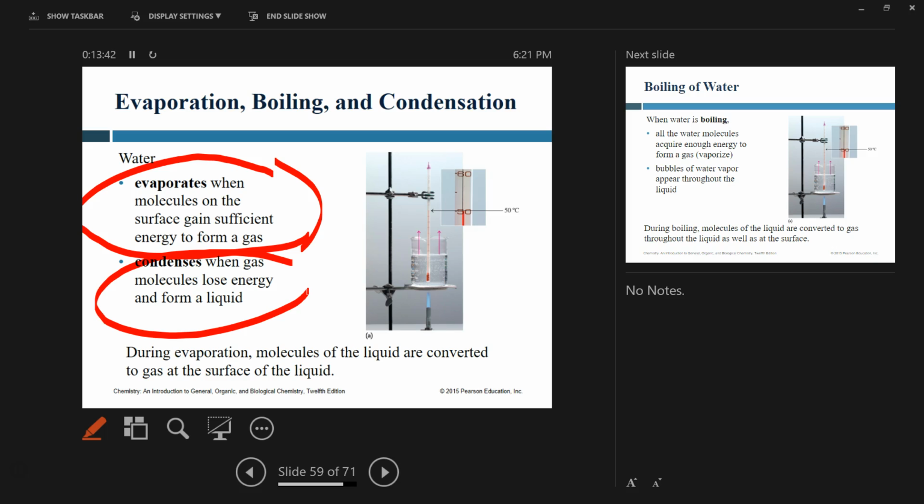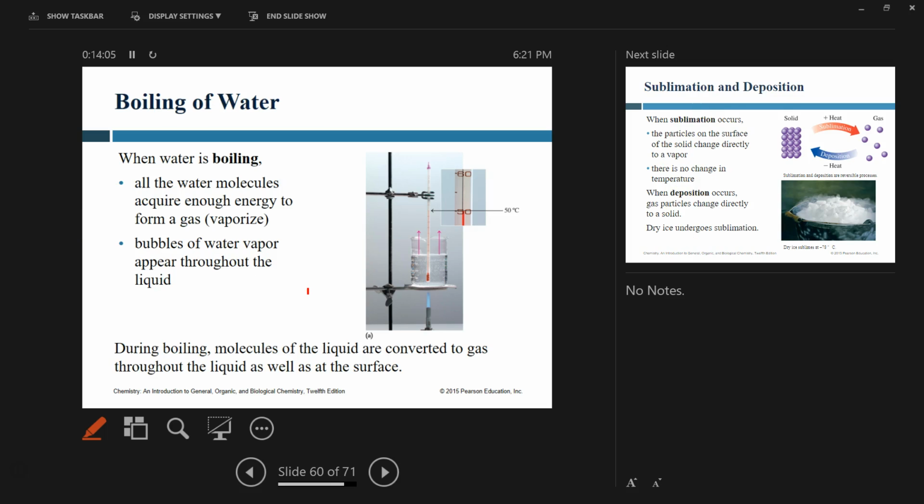The heat of evaporation and the heat of condensation, how do they relate to each other? The heat that is required to evaporate 1 gram of water and the heat that is released when 1 gram of water is condensed. They are the same. Are we clear about that? Does that make sense?